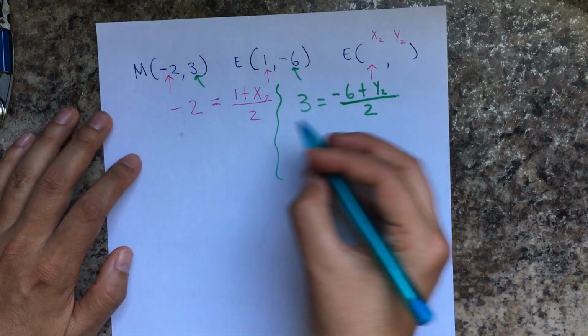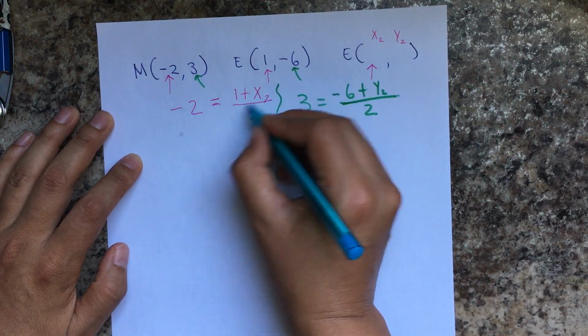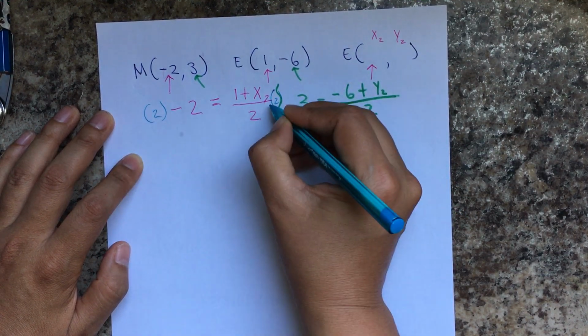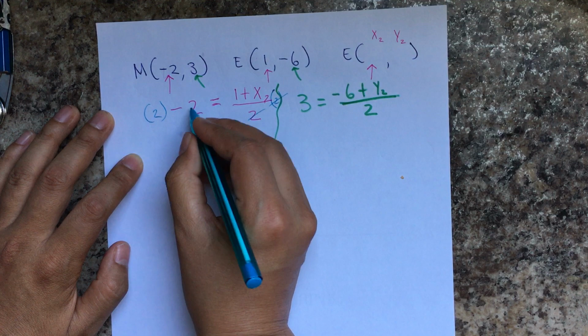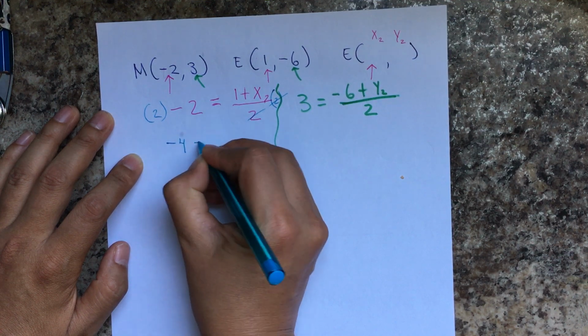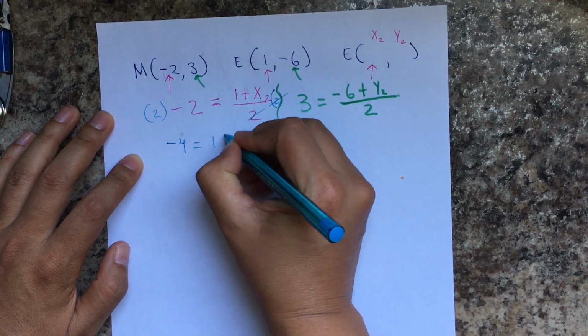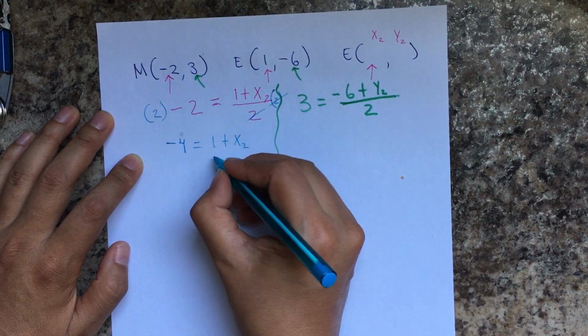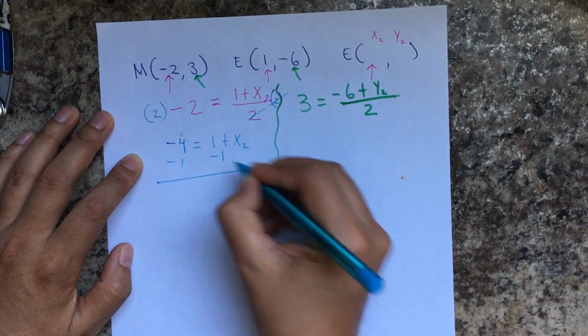Okay, now we'll proceed to, if we're dividing, the opposite is to multiply. These cancel, and so 2 times negative 2 is negative 4. We bring down the 1 plus x2. If we're adding 1, the opposite is to subtract 1.